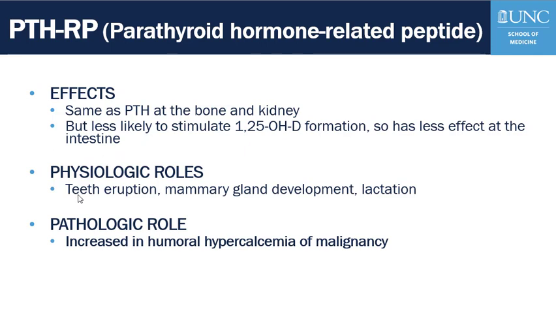Physiologically, PTH-RP is important for tooth eruption and normal mammary gland development, and it also plays a role in lactation, helping to mobilize the transfer of calcium to the milk. Pathologically, PTH-RP secretion is the most common cause of humoral hypercalcemia of malignancy, and it's considered a paraneoplastic phenomenon when a tumor secretes this peptide.